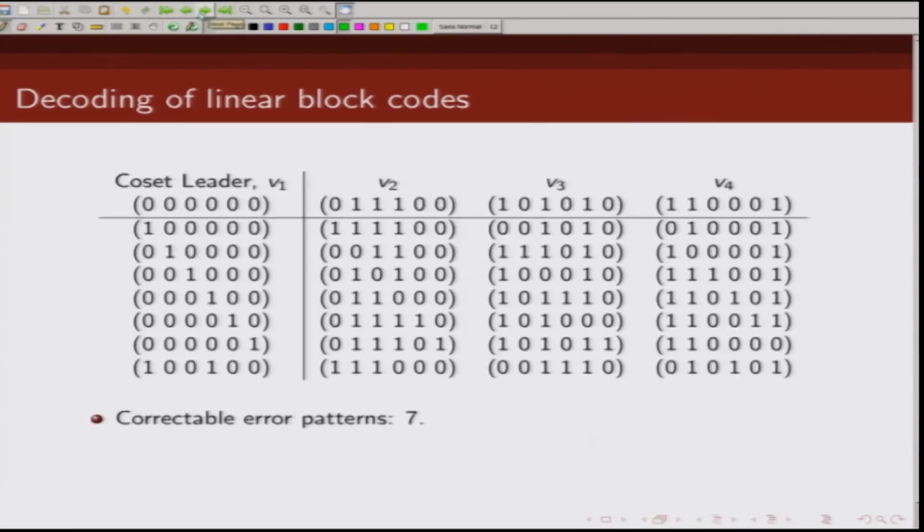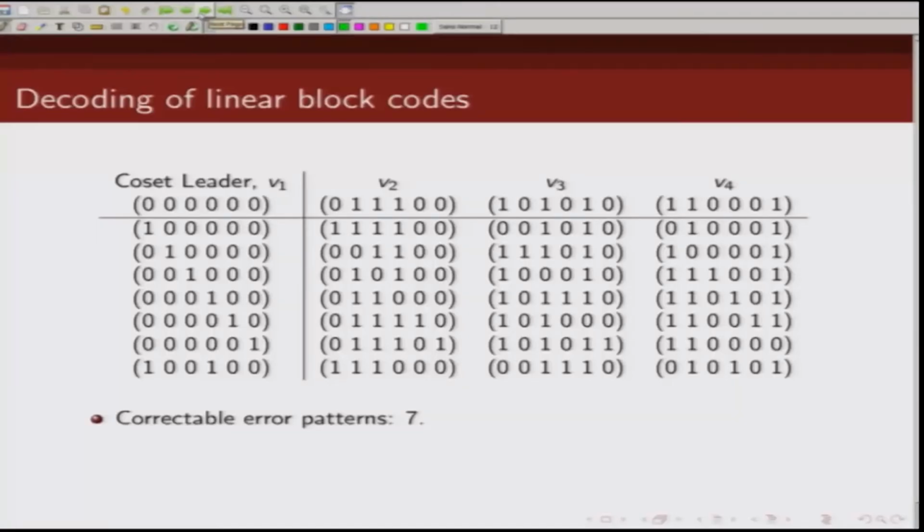So, the first step involved in this is the creation of the standard array, and I believe now you know how to create a standard array. The first row of the standard array will be the set of code words. You are already given the generator matrix, so you can generate the set of code words.